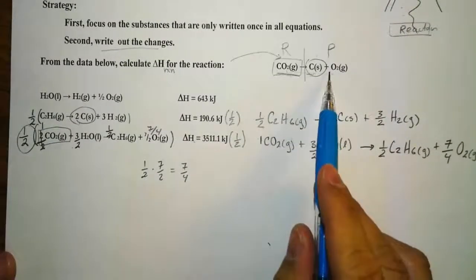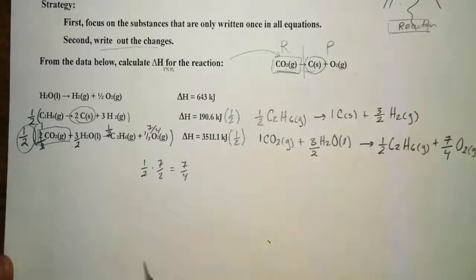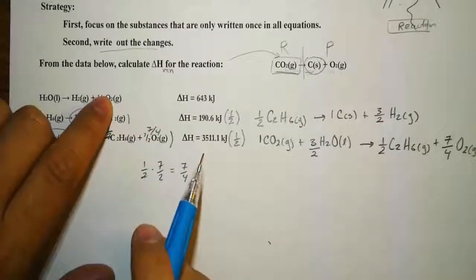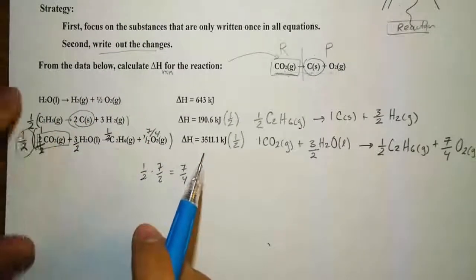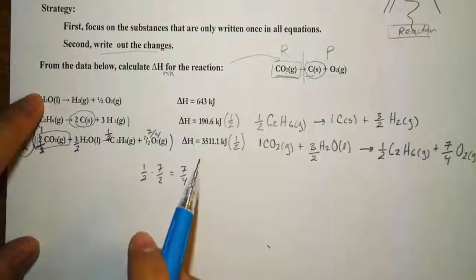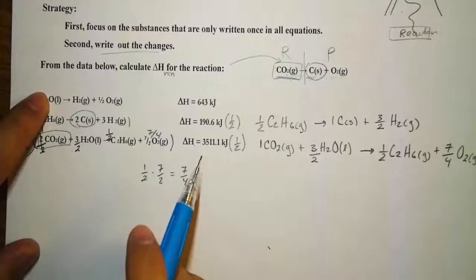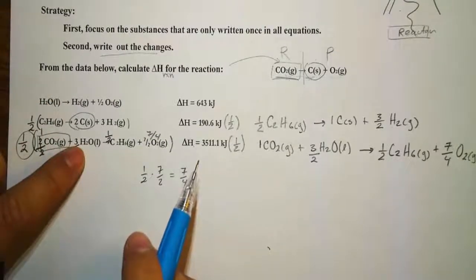Now is the oxygen. Okay, so look at the oxygen. We have it here, and we have it there. But what about the water? Notice how the water is over here, and then there's water right here. But look at the overall reaction.